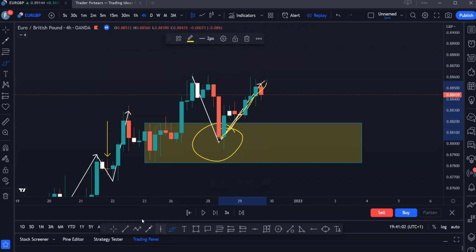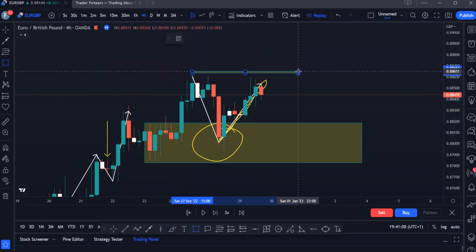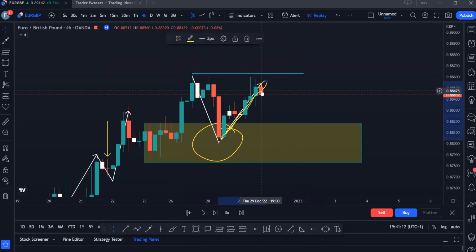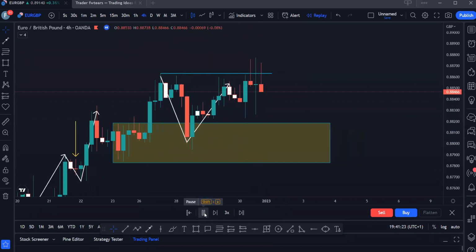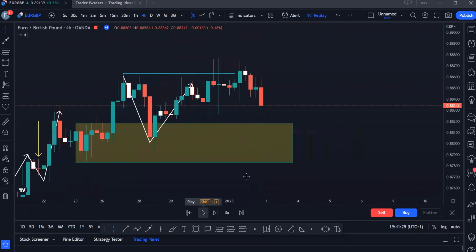All right, so for us to know that this uptrend is going to continue, then price needs to break this high. They can close above the high. So let's see if that happened. Let's play it forward and see what price did. Good, so we have a break.